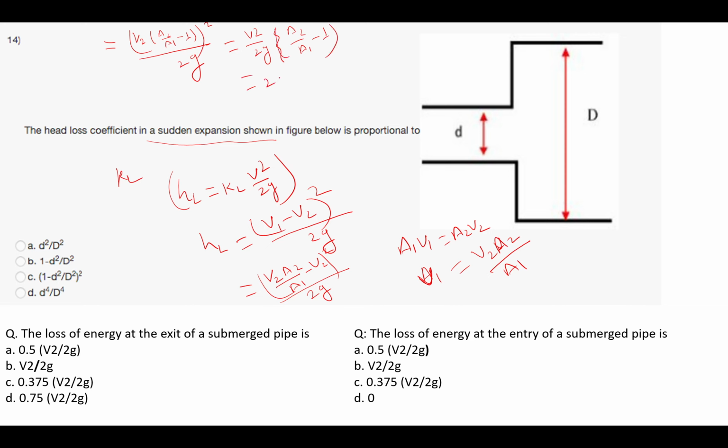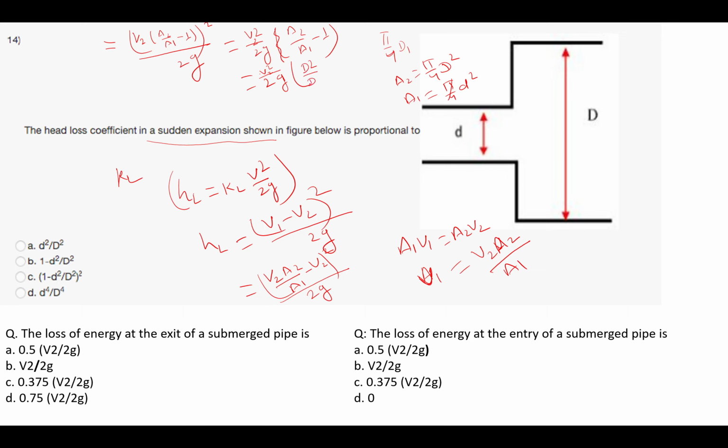So V2 square by 2g. If you put A equals pi by 4 d square, A2 means pi by 4 capital D square, and A1 means pi by 4 small d square. Pi by 4 and pi by 4 cancel out.